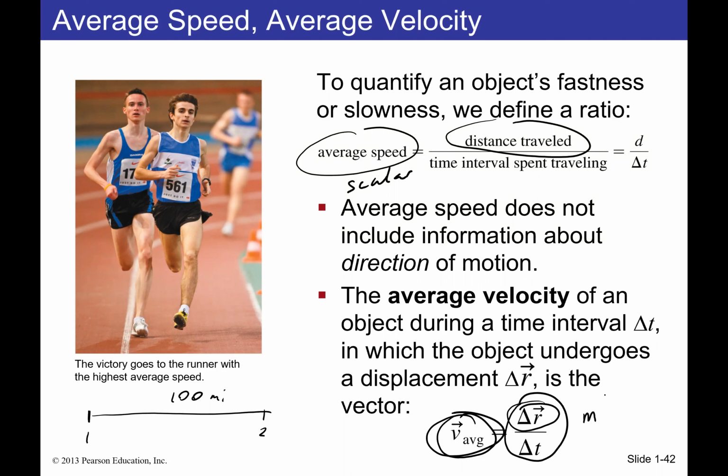So the unit that we're going to be using to describe the position change is meters, because we want to be consistent in terms of one specific type of unit. As I said, you can say inches or feet or miles or meters, or kilometers or centimeters.